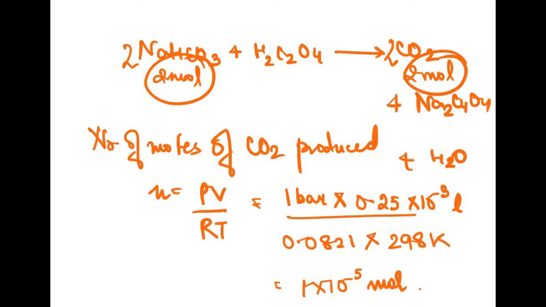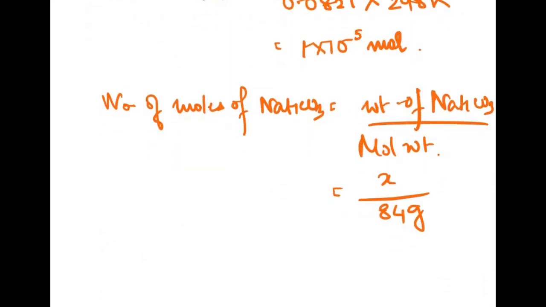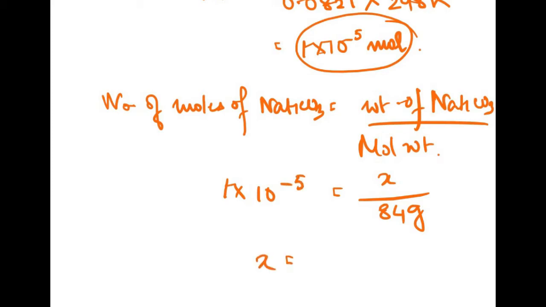So the number of moles of CO2 that we have obtained should be equal to the number of moles of bicarbonate as well. So from here we get X equal to 84 into 10 to the power minus 5 gram.